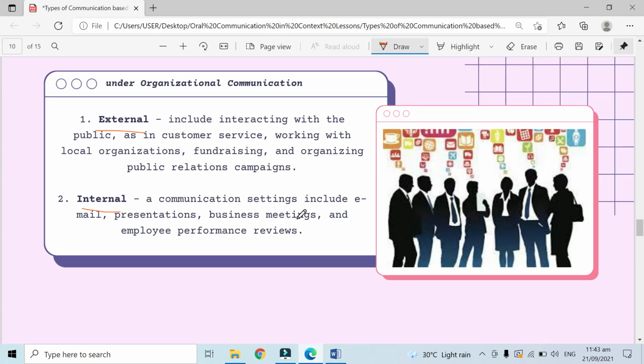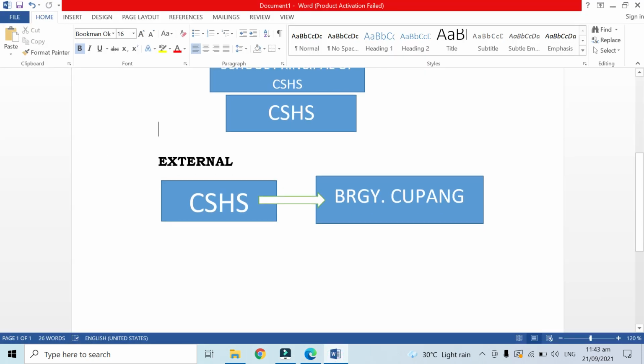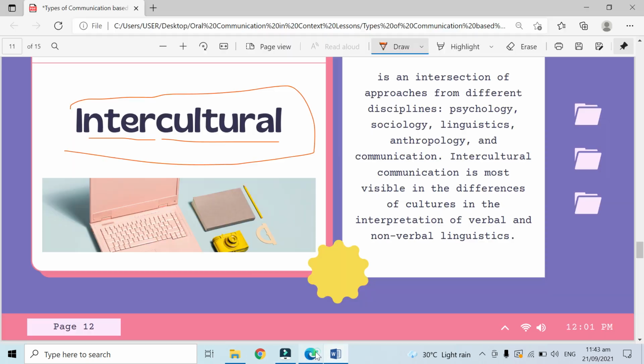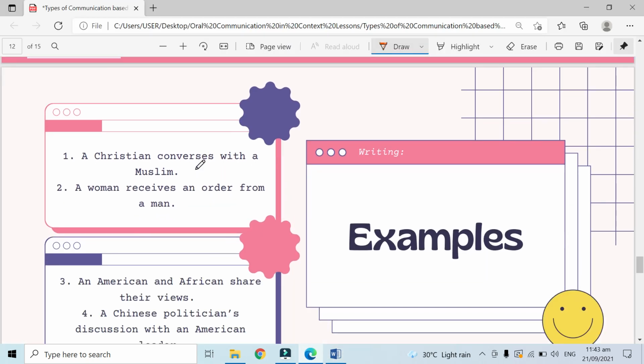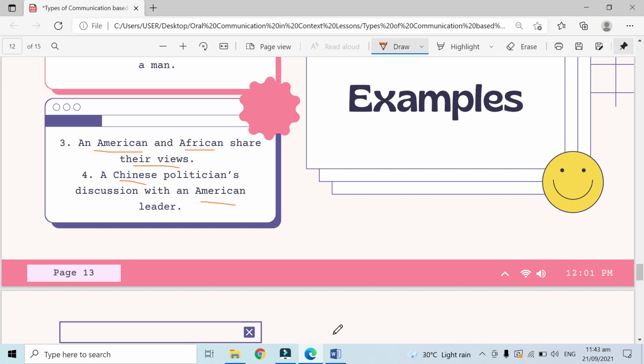Now, the last one is intercultural. From the word culture, and inter meaning between or beyond cultures. Cross-cultural, something like that. An example is a Christian conversing with a Muslim, an American and an African sharing their views, a Chinese politician and American leaders discussing.